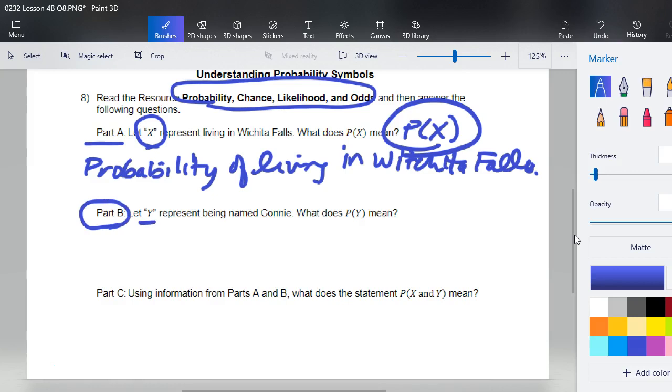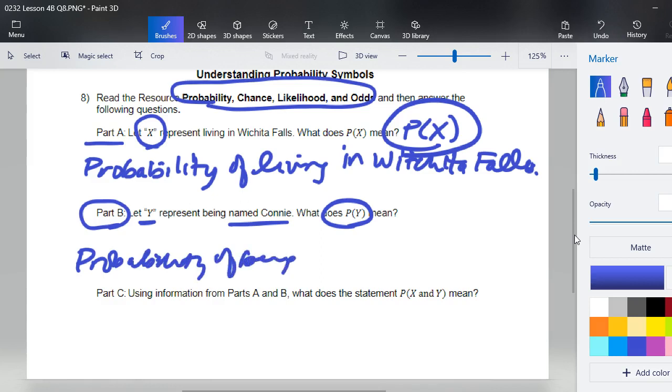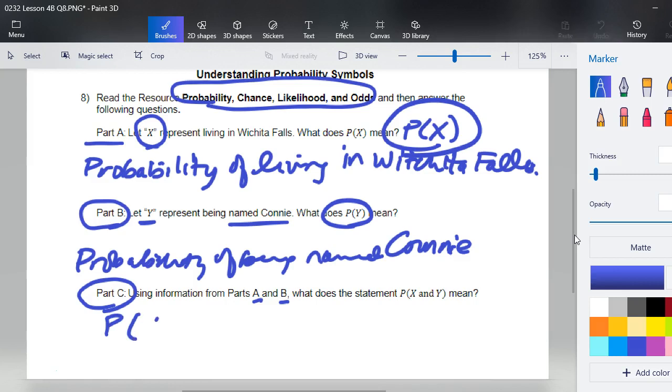If Y represents being named Connie, what does P of Y mean? Well, it means the probability of being named Connie. So some terminology, P of Y in this particular case would mean what's the probability of being named Connie? Let's put all of that together. Using the information, the terminology, the phrasing, if somebody puts this at us, what does this one mean?